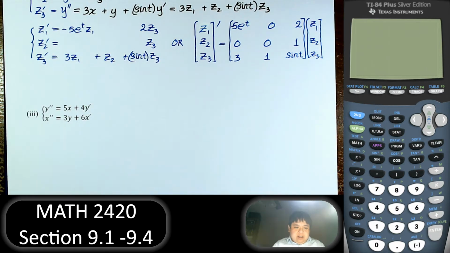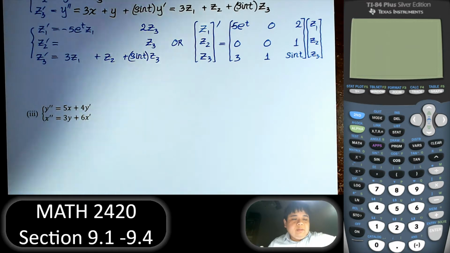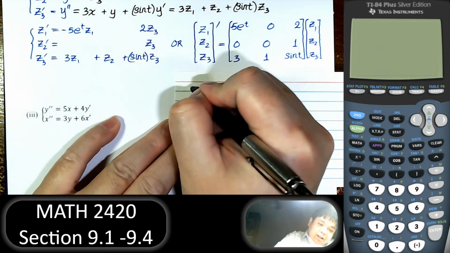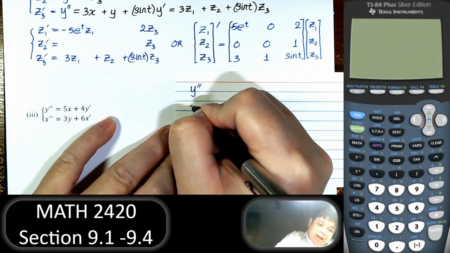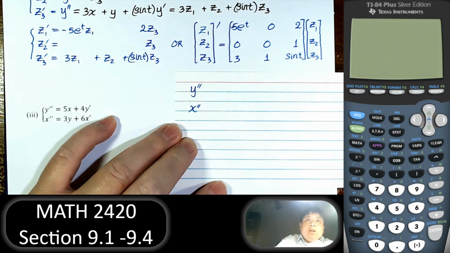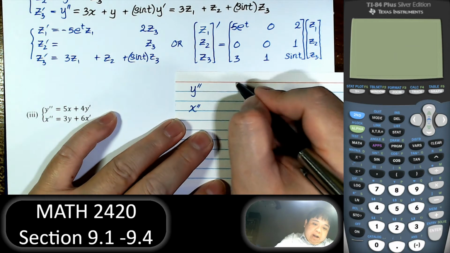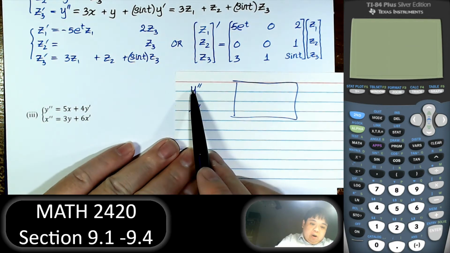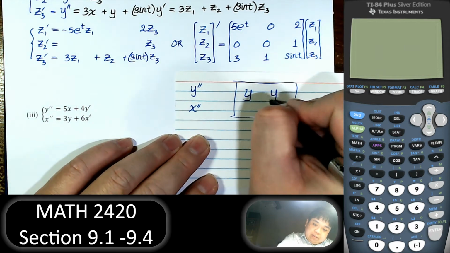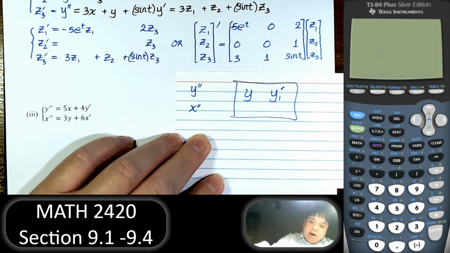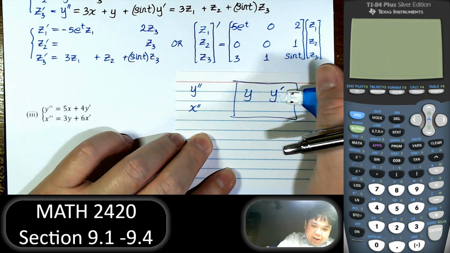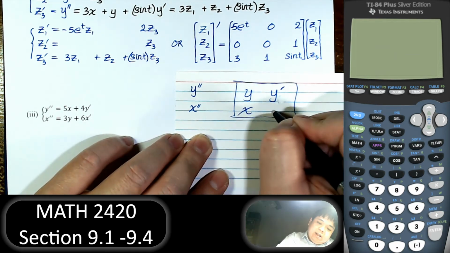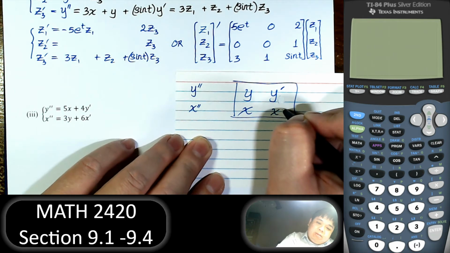Let's look at this example. What we have on the left hand side is y double prime and x double prime. So what we need on the right hand side will be all the functions and derivatives of order less than this, meaning y and y prime, and then x and x prime.